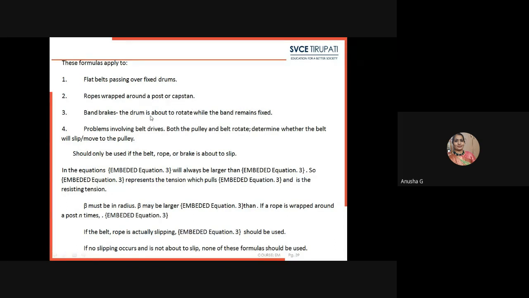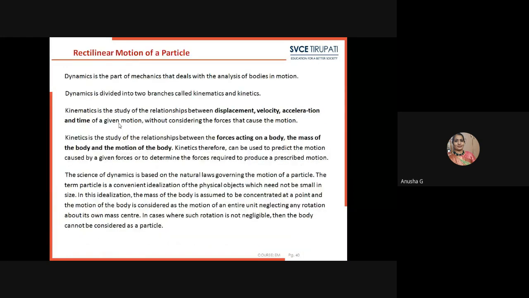Some band brakes will be observed, where the drum rotates and the band remains fixed. Problems involving belt drives involve a pulley and belt rotating, and we determine whether the belt will slip or move the pulley. If we take a drum and one rope, moving from left to right, some changes will be observed. That is belt friction.